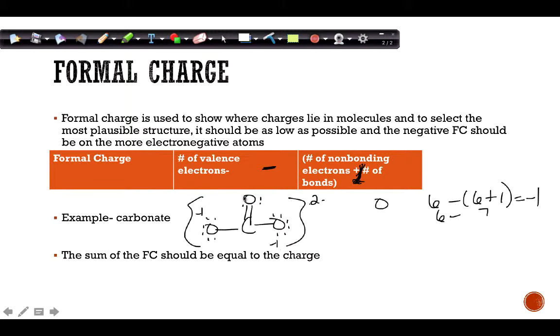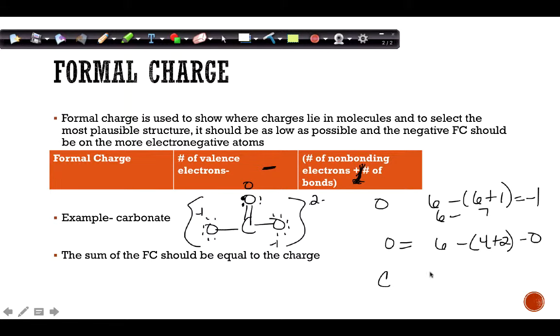All right, so let's look at the one with a double bond. All right, so we've got 6 valence electrons. I'm going to subtract how many non-bonding electrons, so 2, 4, plus the number of bonds, which would be 2. So that's going to be 6 minus 6, which is just 0. So I have a 0 charge here, and then let's do carbon.